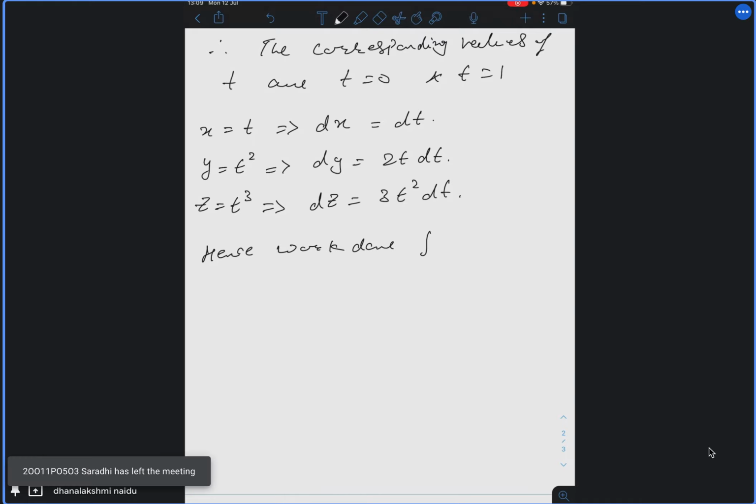Hence the work done, which is the integral of F bar dot dr bar, will be the integral from t equal to 0 to 1.